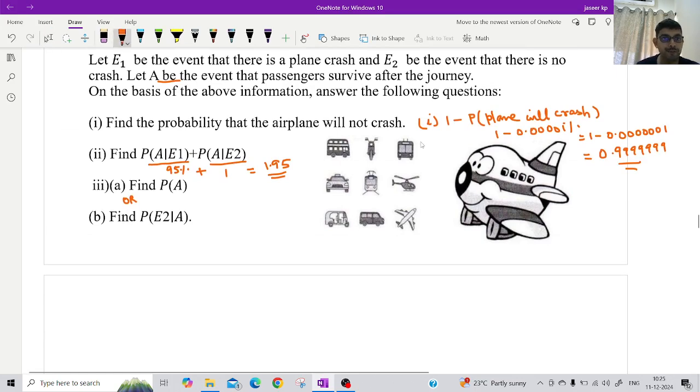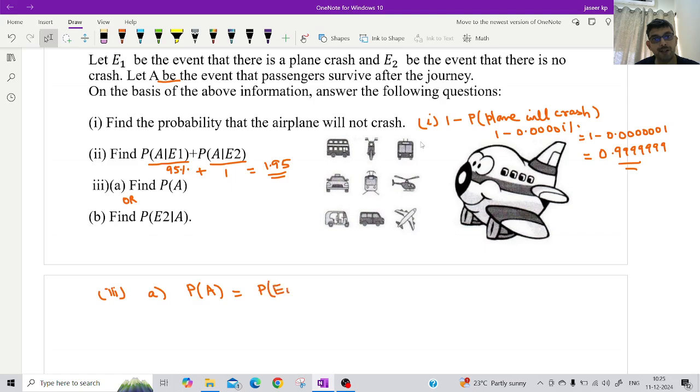Third question, A part. P of A is P of E1, P of A given E1, plus P of E2, P of A given E2. So P of E1, that is there is a plane crash, is 0.00001%. Then there are survivors, that is 95%.